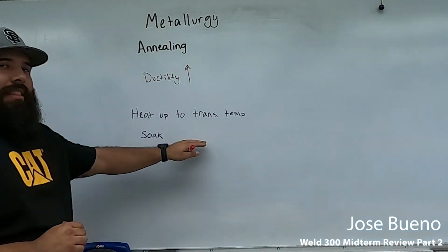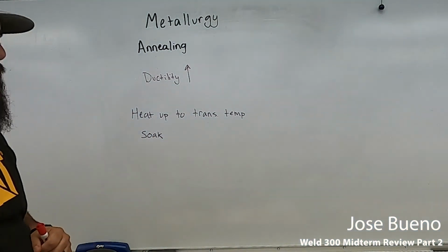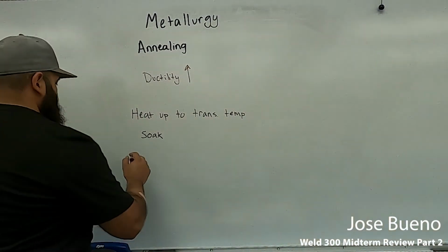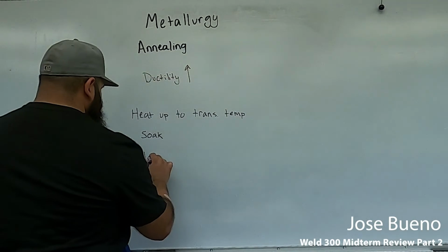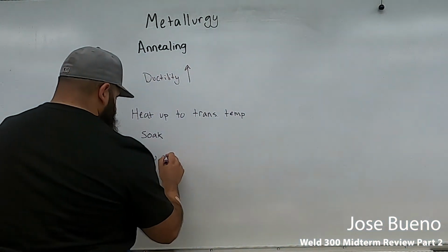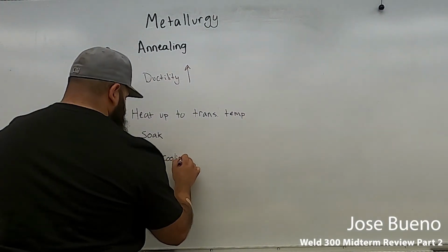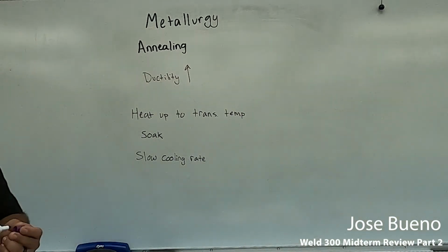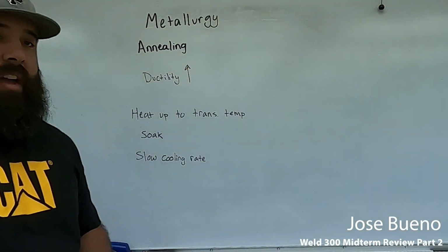So we're going to hold it there for a certain amount of time, and then we are going to slow cool it. Slow cooling rate. So it's not the same as just letting it cool off by itself.